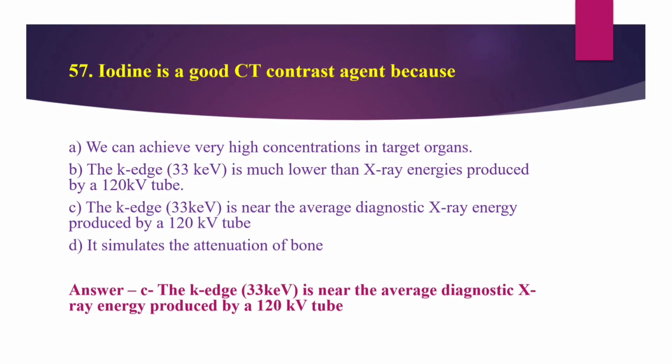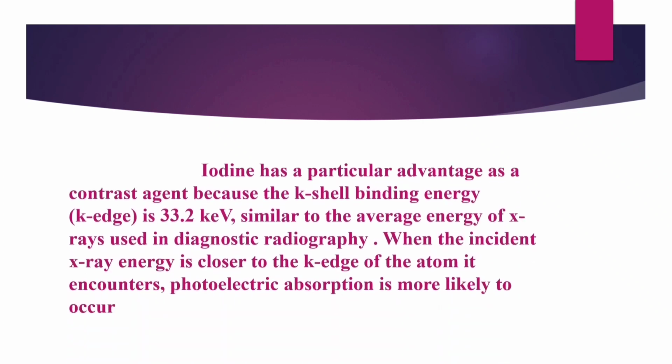So iodine is a good CT contrast agent because the K edge, that is 33 keV, is near the average diagnostic X-ray energy produced by a 120 kV tube. Now let's see the explanation.